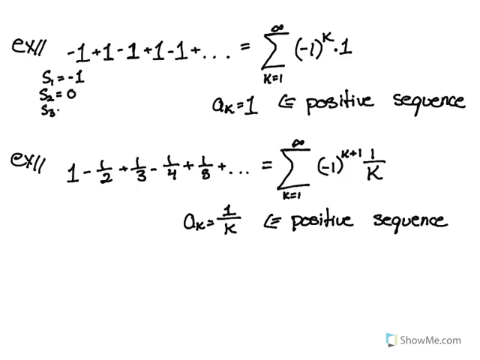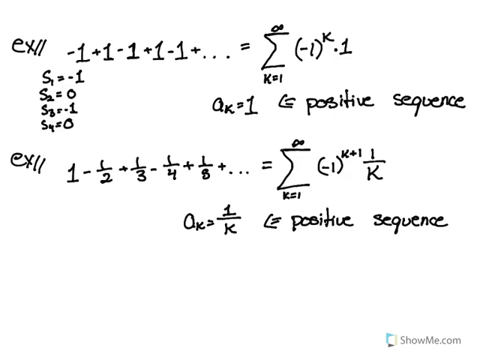S3 would be minus 1. S4 would be 0. So the sequence of partial sums goes minus 1, 0, minus 1, 0, which we know diverges, in which case this series doesn't converge to anything.